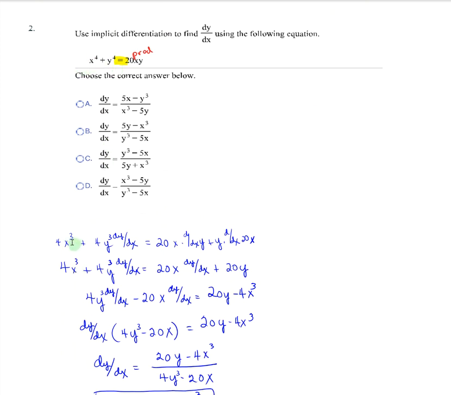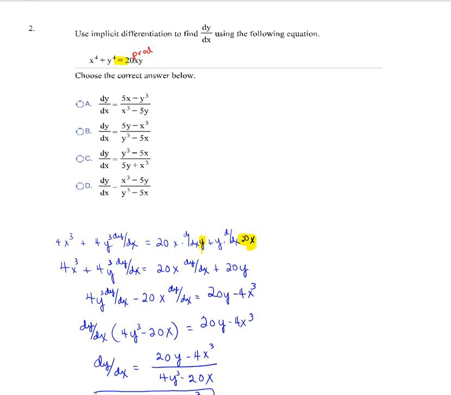So we have 4x cubed plus 4y cubed dy dx equals 20x, that's the first, times derivative of the second, plus second times derivative of the first. So let's do this. Got a derivative there and a derivative there.